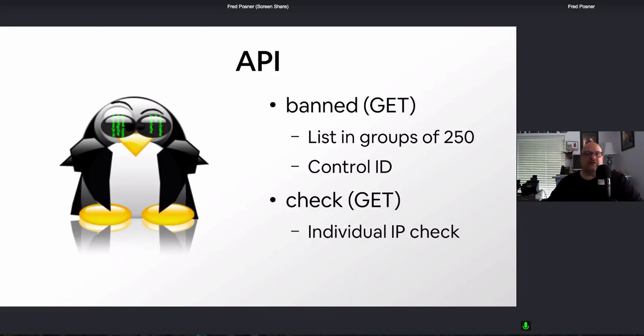You can then use that control ID to get more IP addresses. The control ID is basically a timestamp. We can also use a check call that allows you to check individual IPs as needed. So you don't have to just say, okay, I want to block everything. You could check IPs one by one as they hit you.